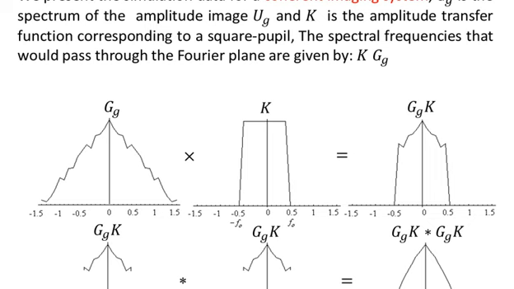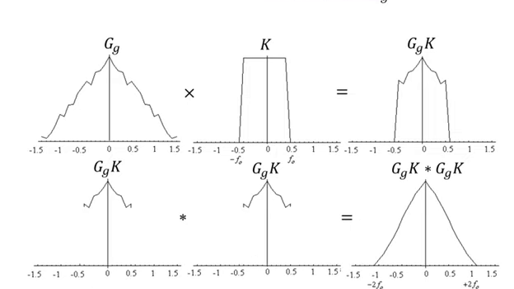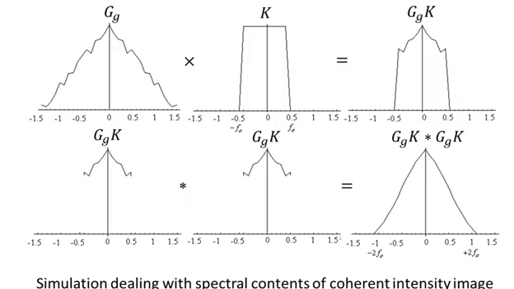And you know that we are going to evaluate the autocorrelation of these two functions, that is capital G multiplied by K autocorrelated with capital G multiplied by K, in the first two steps in the second row. And you know that the autocorrelation will give you the curve which I have shown on the right hand side.